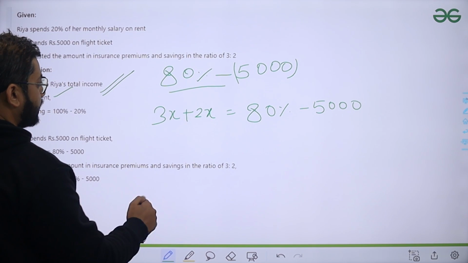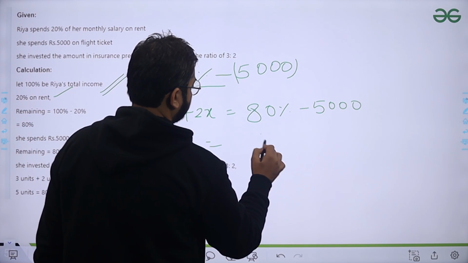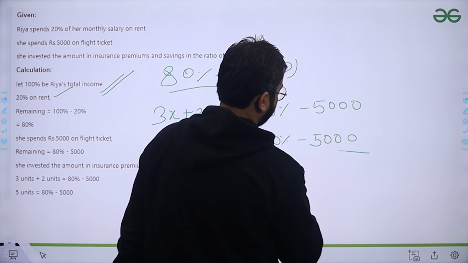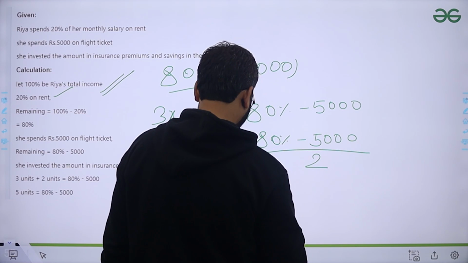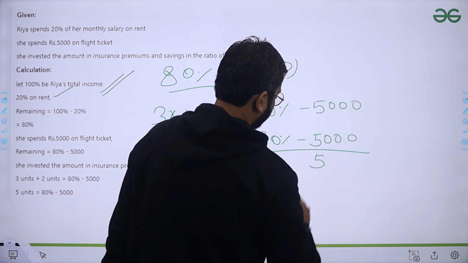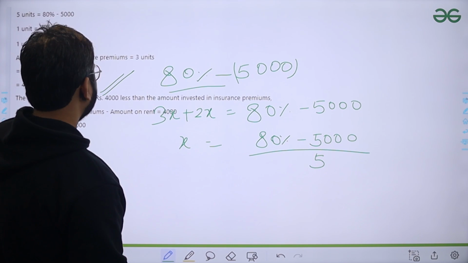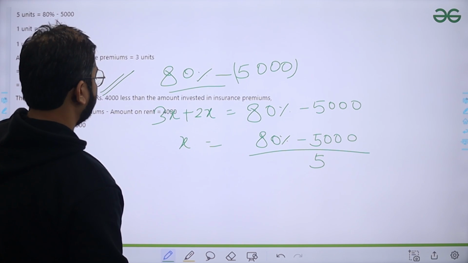So x value will be 80% minus 5,000 divided by 5. ये तो हमारी x की वैल्यू आ गई, ठीक है.